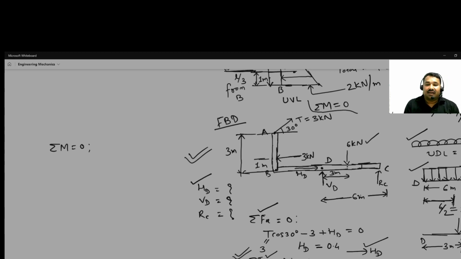Okay, and let us take the moment about MD or the moment about any point you can take, MC, but remember the point, means a moment about the point, we have to select.